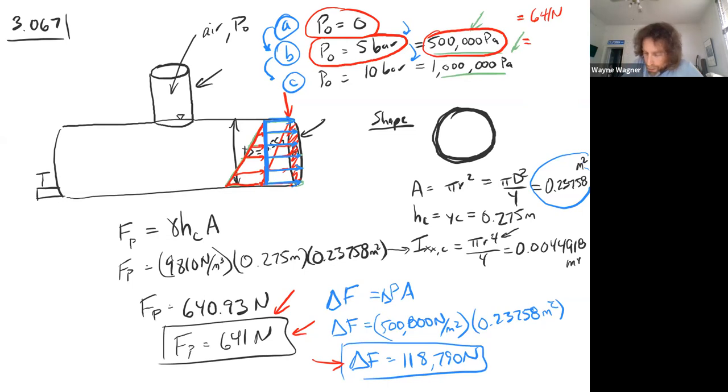I'm just going to do 119 kilonewtons. So I just took this and added that to it. And then if I add 118,790 again to get up to my next level, I get 238 kilonewtons.